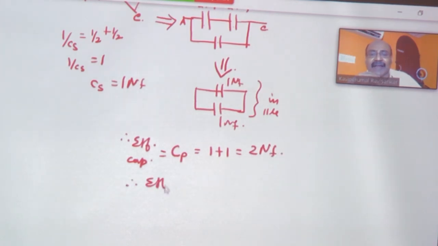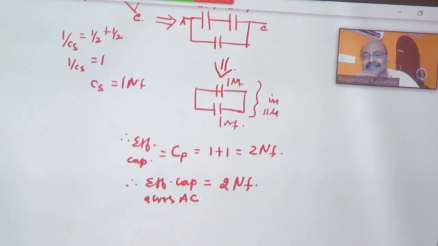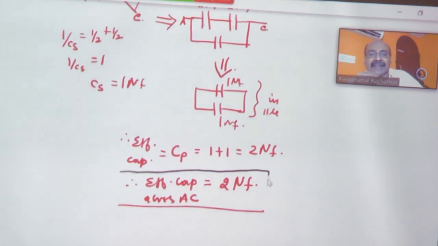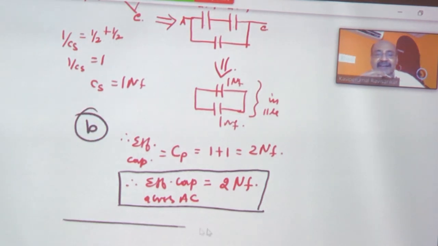Therefore the effective capacitance of the combination across the points A and C is 2 microfarad. This is the answer. What is the optional answer? It is option B. B is the correct option.